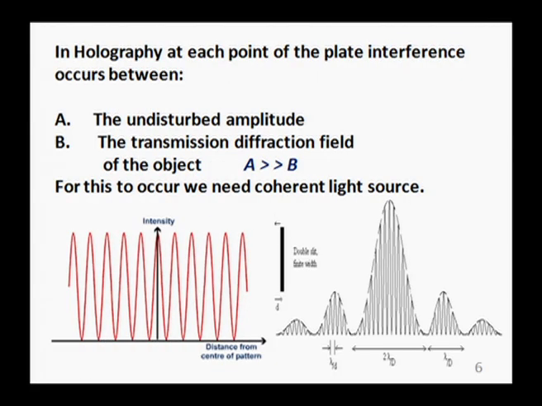Now, for this to occur, we need a coherent light source. In the earlier days, the coherent light sources were nearly coherent, not totally coherent, but even then they produced very good interference. This red, pink color line that we are observing in this wave is the intensity distribution because of double slit interference.